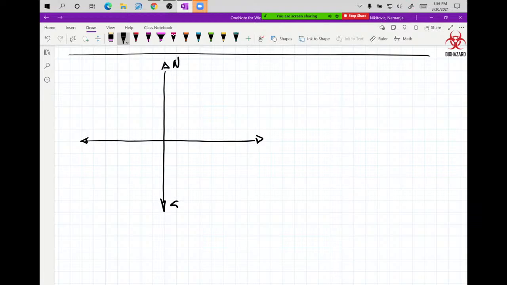So you have a north, south, east, and west. You leave your house and run 2 miles due west. Okay, let's say this is 2 miles due west. 1 mile, 2 miles. And then you go 1.5 miles due north.